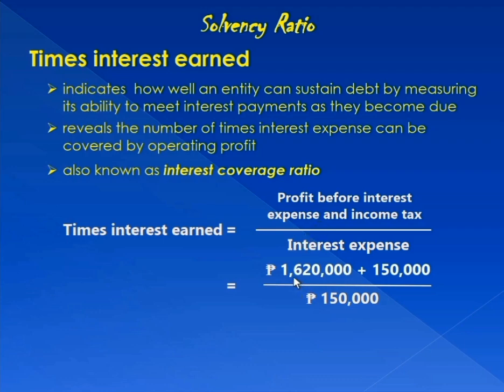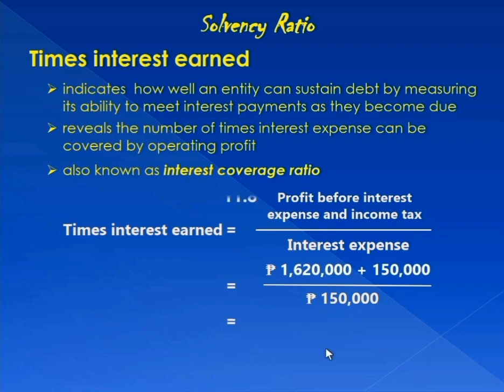That's why 1,620,000 net income plus 0 income tax. Then plus 150,000 interest expense equals 1,770,000. Then to get the times interest earned ratio, we have to divide it by the interest expense of 150,000.